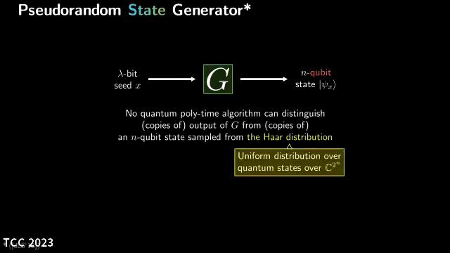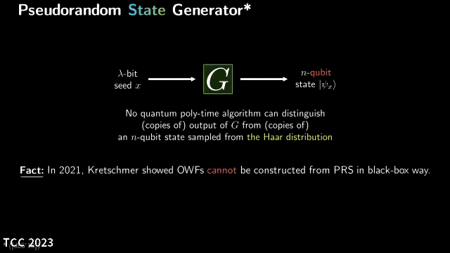And in 2021, Kretschmer showed that one-way functions cannot be constructed from PRS in a black-box way relative to some quantum oracle. So that shows there's also some separation between one-way functions and PRS.